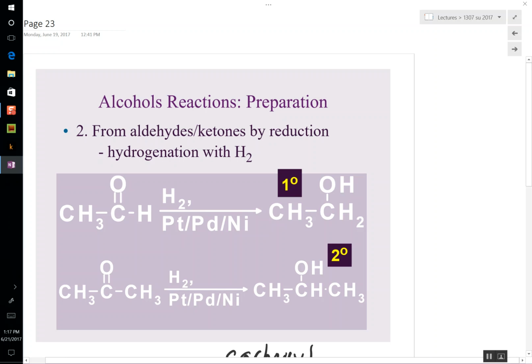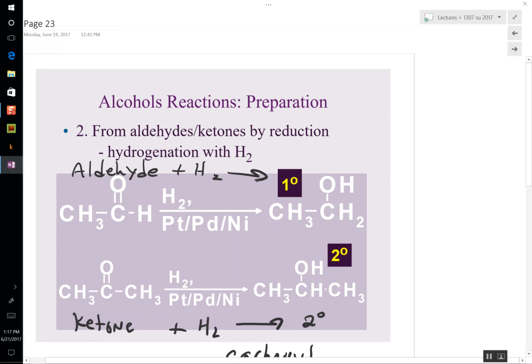And that means the OH is going to end up in the middle. So you hydrogenate a ketone, plus hydrogen yields a secondary alcohol. An aldehyde plus hydrogen yields a primary alcohol.